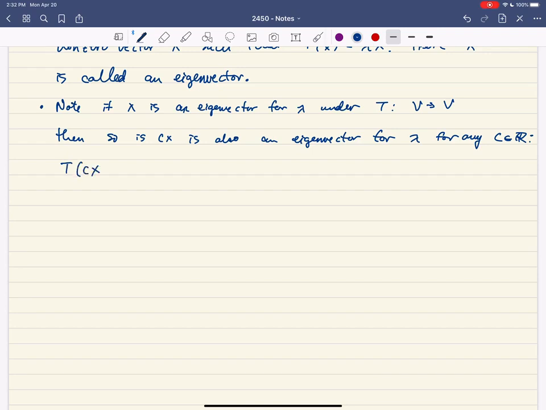I should start by saying that if x is an eigenvector for lambda, this means that T of x is lambda x. So let's compute what T of Cx is. Well, I can bring the C outside, and I know that T of x is lambda x, and so then I can rearrange the lambda to be lambda times Cx.